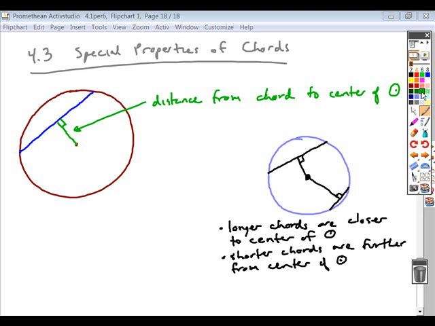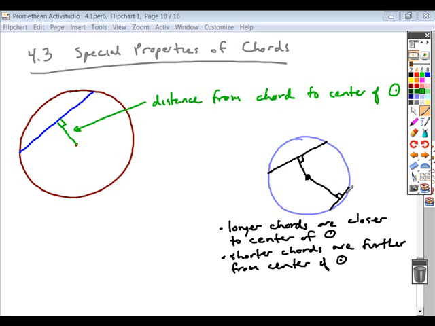The other relationships involving this are just other ways to state this same relationship, and that is the closer a chord is to the center, the longer the chord; the further the chord is from the center, the shorter the chord. Okay, so be aware of those relationships.